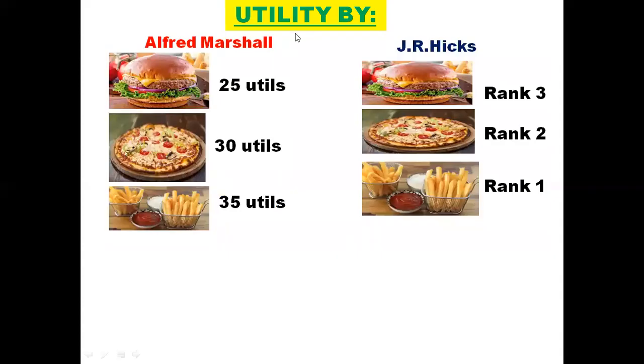Now, this utility concept has been propounded by two very famous economists, Alfred Marshall and J.R. Hicks. Alfred Marshall had the view that utility can be measured in absolute terms. Suppose there are 3 food items; we get 35 utils by consuming French fries, 30 utils by consuming pizza, 25 utils by consuming burger.